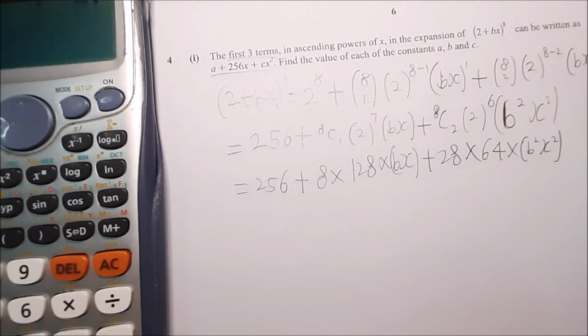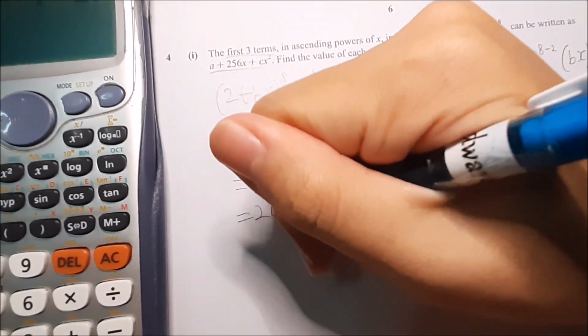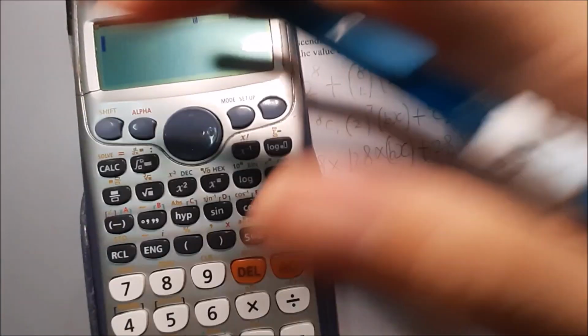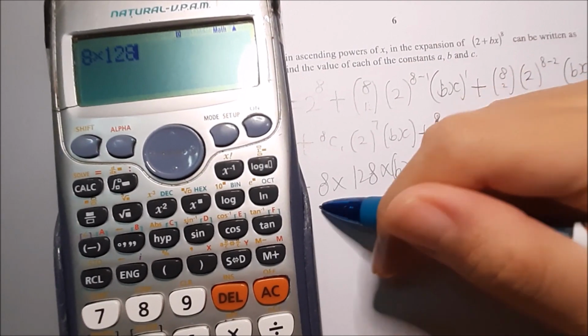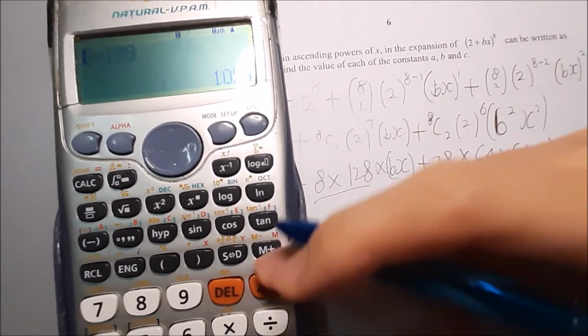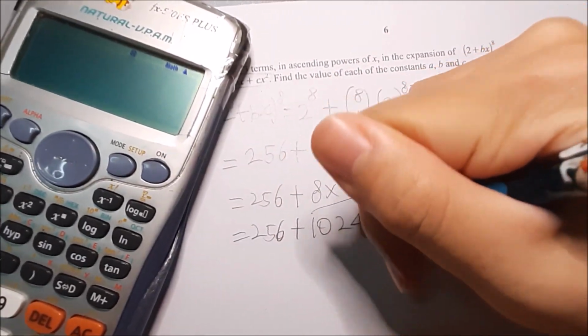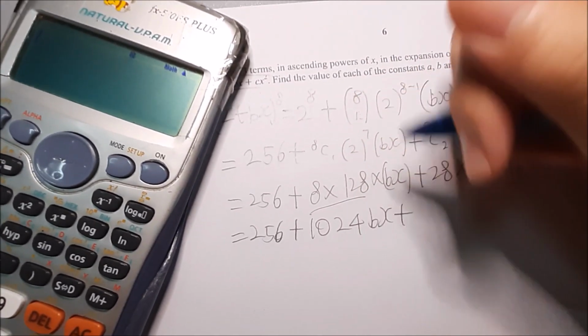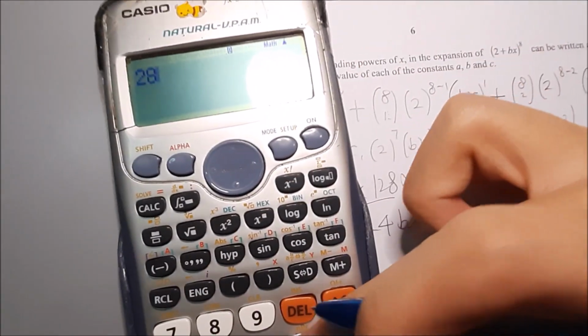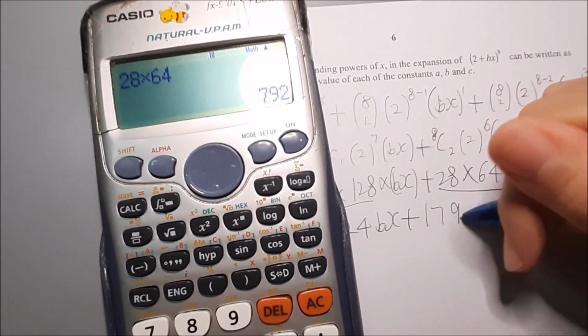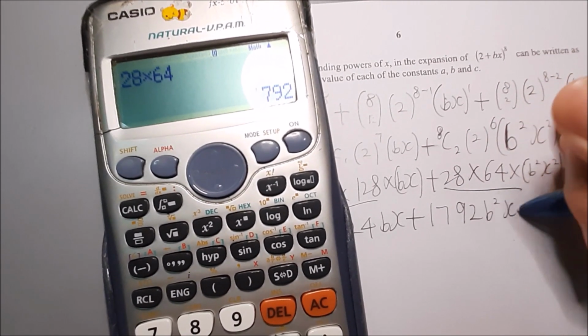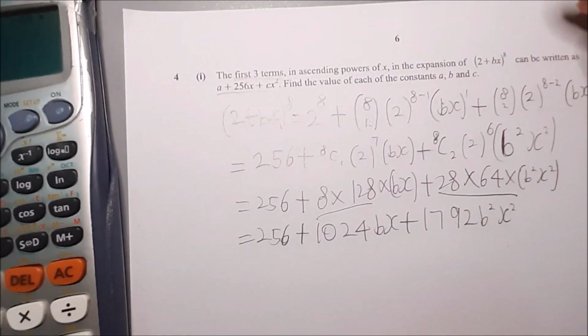So if you completely simplify this, it will be 256 plus 8 times 128, which is 1024 bx, plus 28 times 64, which is 1792 b squared x squared. That is your first three terms.